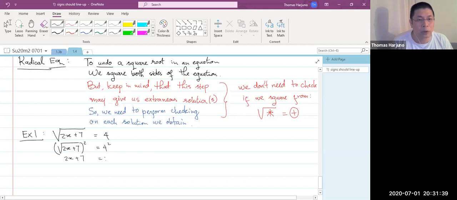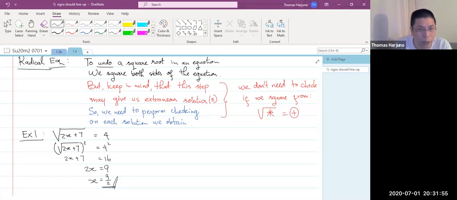The right-hand side, I get positive 16. So 2x equals 9, x equals 9 over 2. Now, because the 4 is already positive, you don't need to check. Even though if you check, you will still get it confirmed to be the right answer.